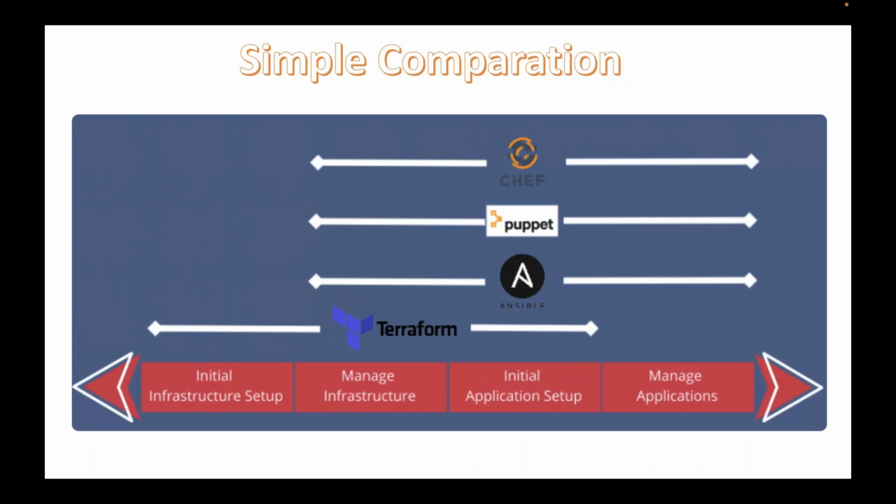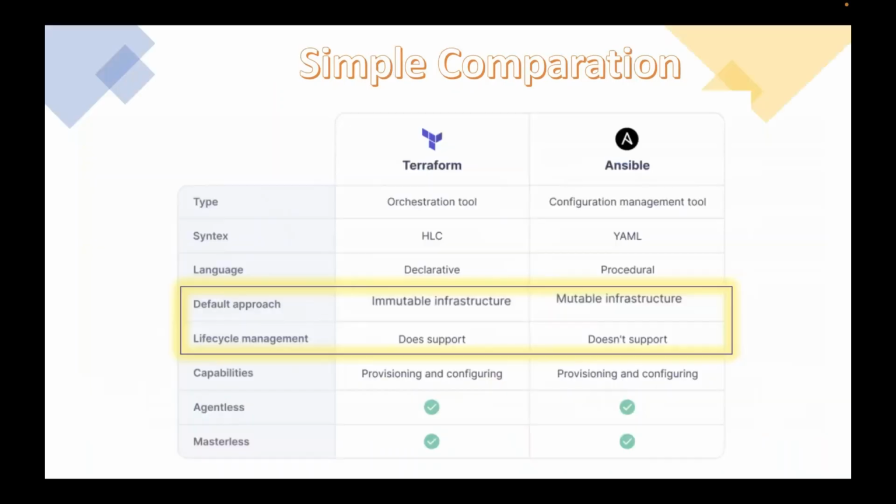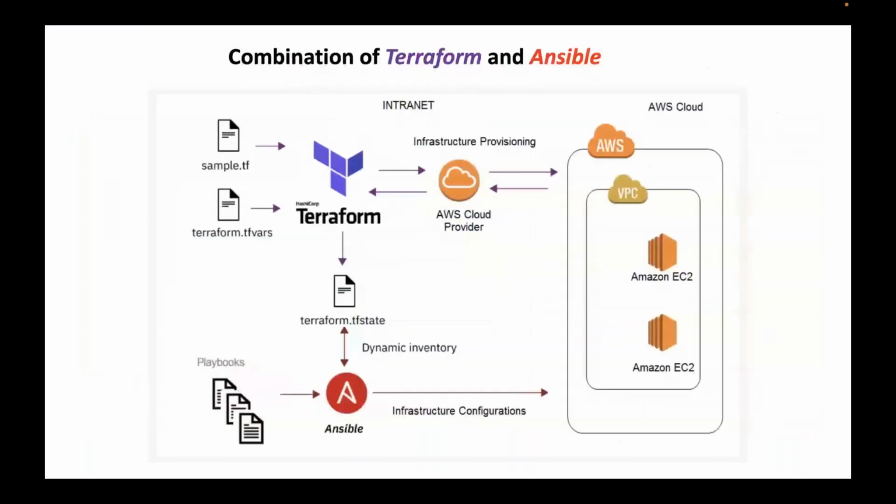There are many things in real time, and for those kinds of tasks Ansible is the best choice. Server build will be done with the help of Terraform, while application installation, adding the server to the domain, and hardening can be done through Ansible.